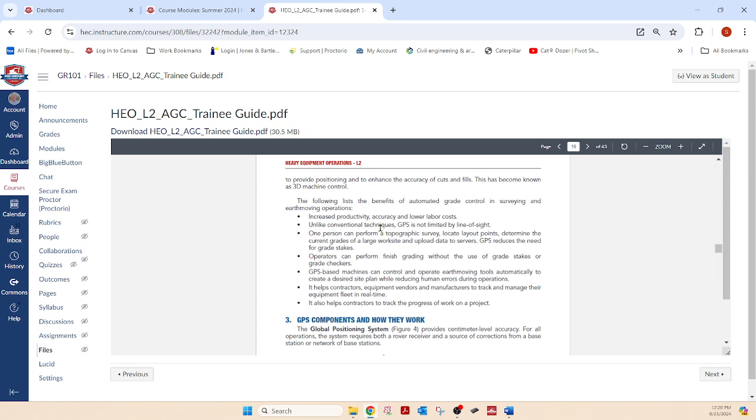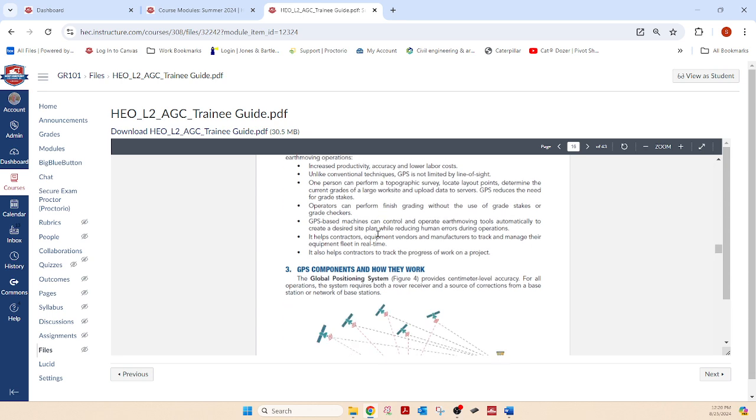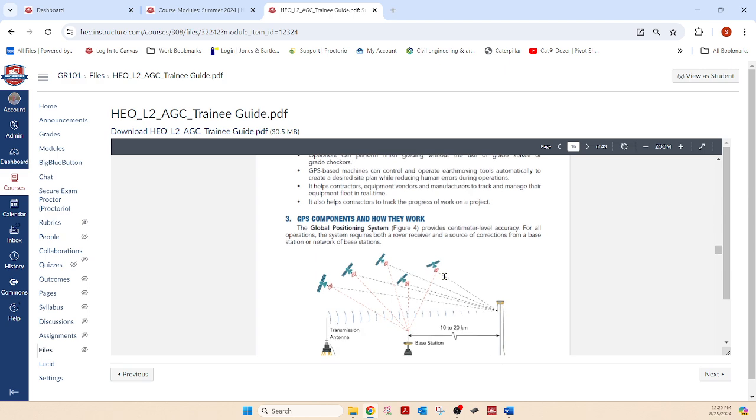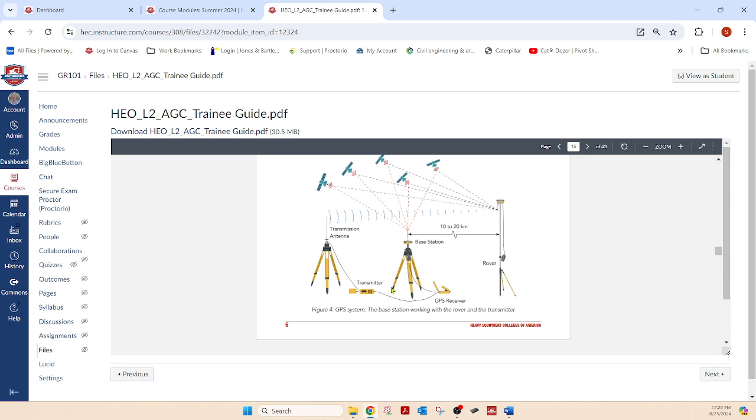Anyway, another thing to look for is I want you to know something about the components, such as the rover, and what its purpose is. So here we are, right at the components of it. There's a base station, there's your antenna, and here is your rover. It's standing by itself right now.